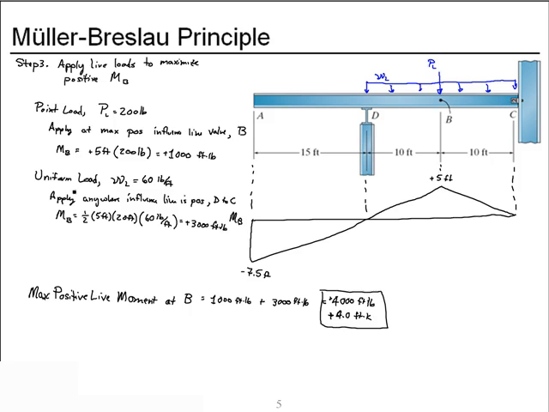Then our uniform load acts anywhere that the influence line is positive, since we're trying to find the maximum positive moment. So we put our uniform live load between D and C. We calculated the resulting moment due to each of those, added them up, and came up with our solution. Well done.